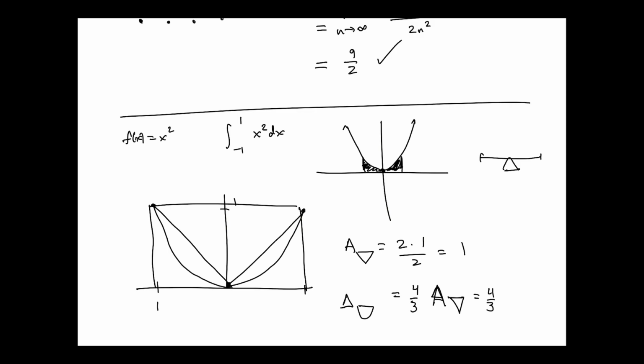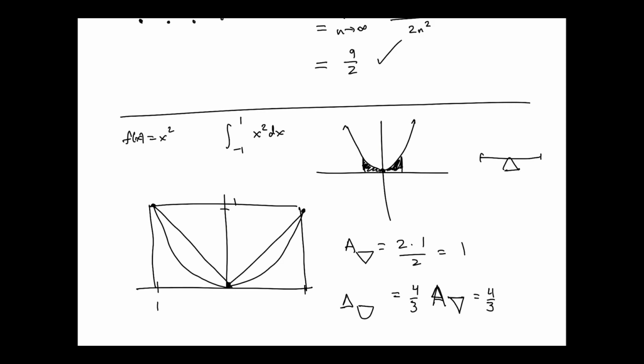It turns out that things will balance if the ratio of the masses is inversely the ratio of the distances. Say the big kid is twice the weight of the little kid. You'd have to put the big kid halfway of the distance to the fulcrum, the hinge, that the little kid was.